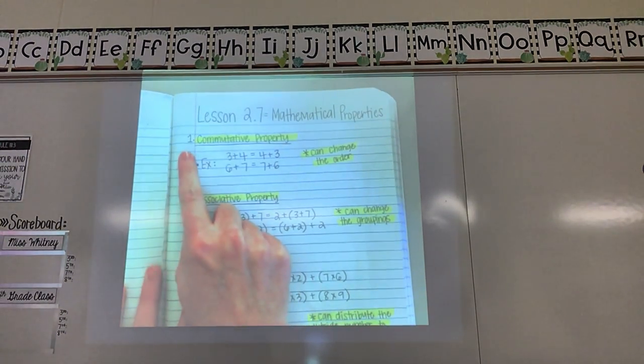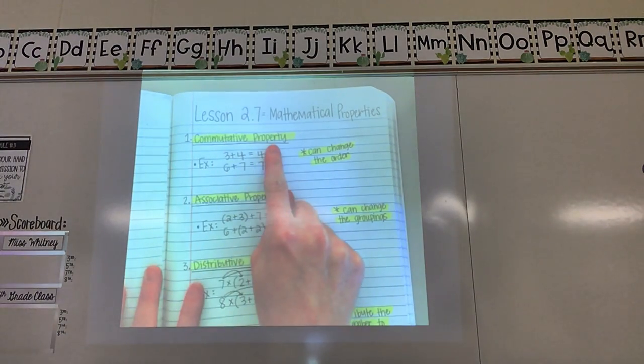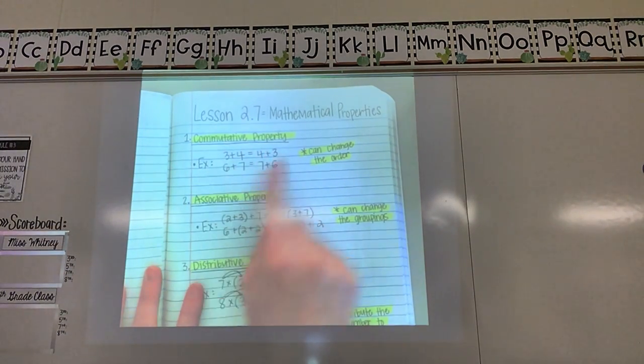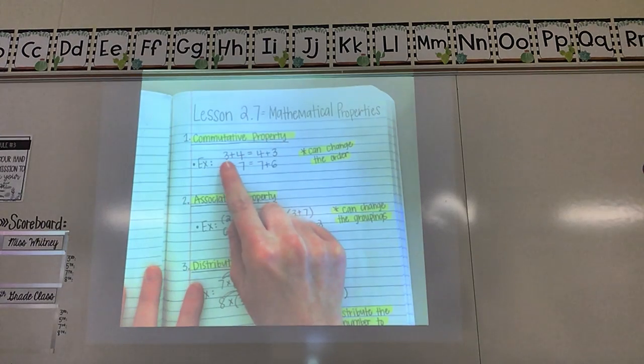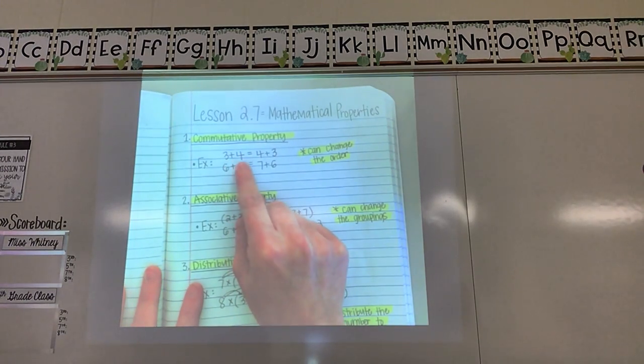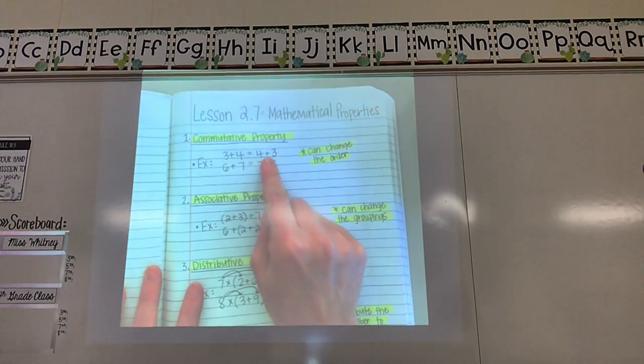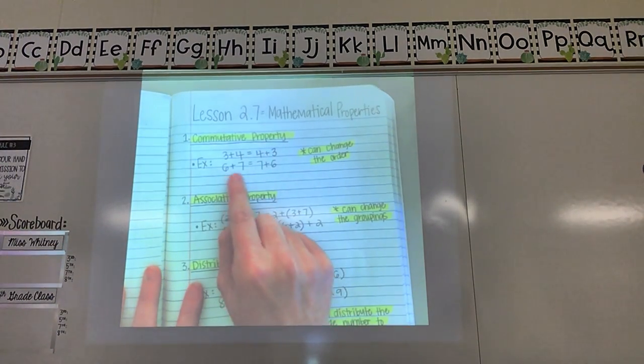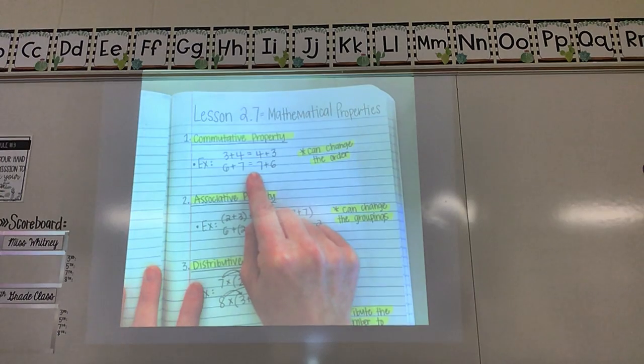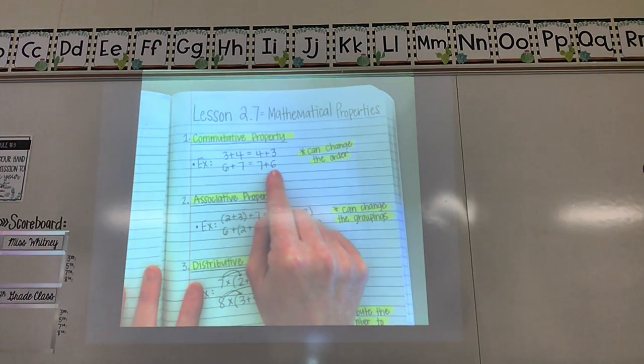The first property that we talked about was the commutative property. Some examples of the commutative property show me that 3 plus 4 is equal to 4 plus 3. Or another example shows me that 6 plus 7 is equal to 7 plus 6.